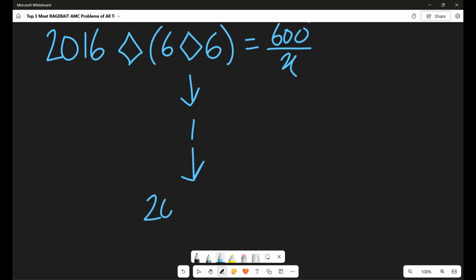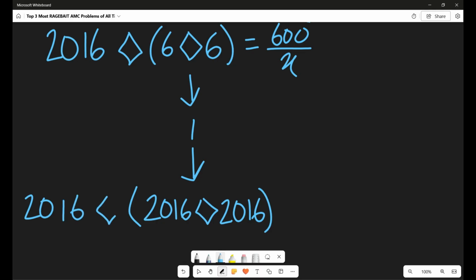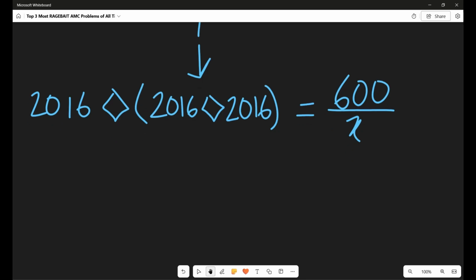1 is just 2016 diamond 2016. So when we do that, we can bring everything down. We get 2016 diamond 2016 diamond 2016 is equal to 600 over X. And now we can, for the last time, do that same rearrangement.